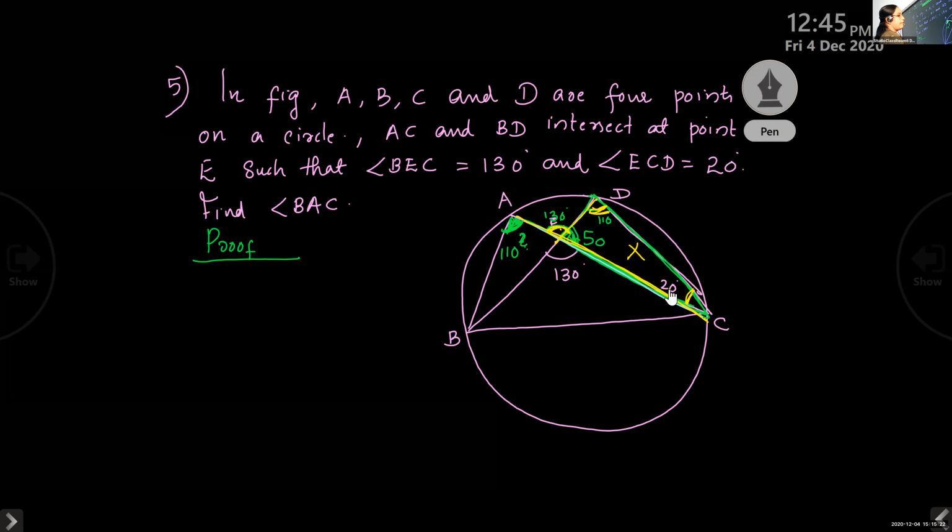Now I will give our previous proof only. Angle CED equal to 180 minus 130 equal to 50, because it is a linear pair.